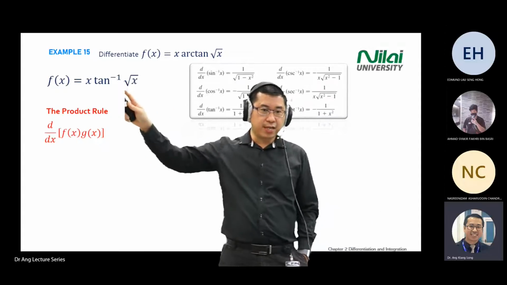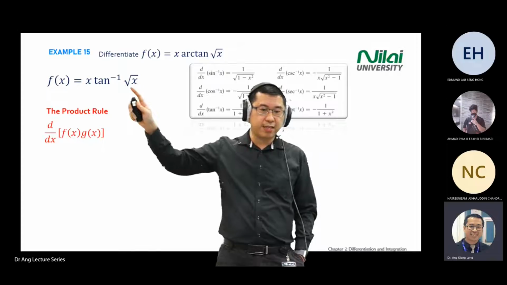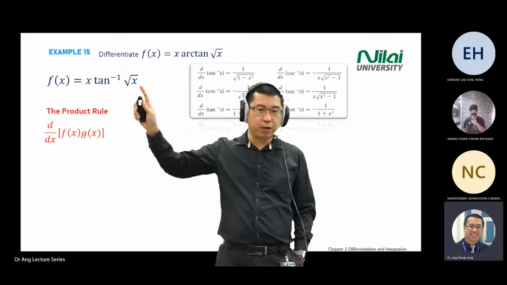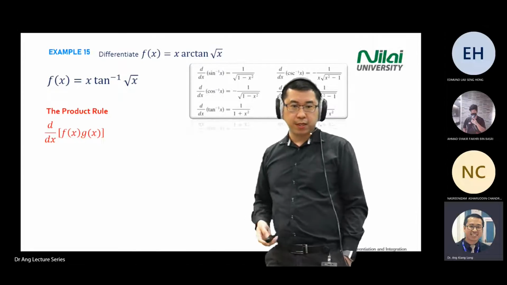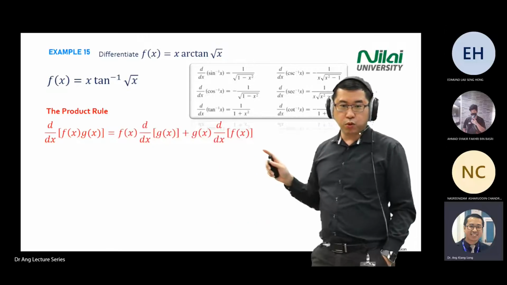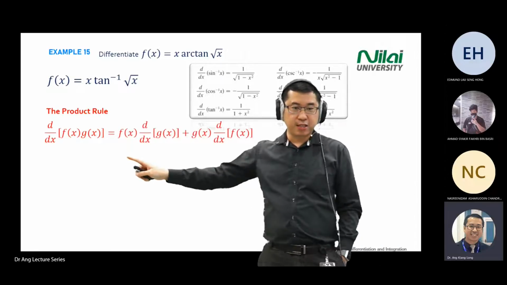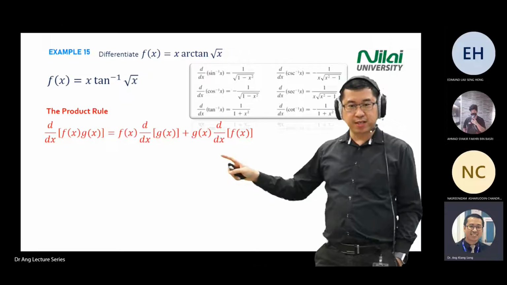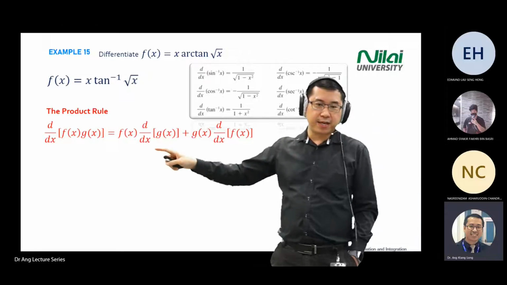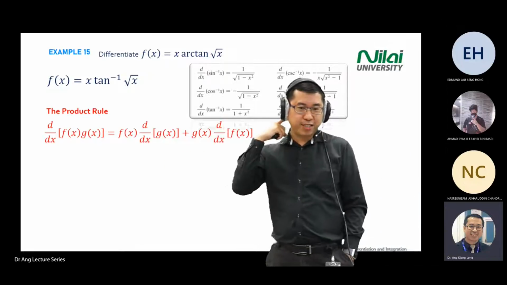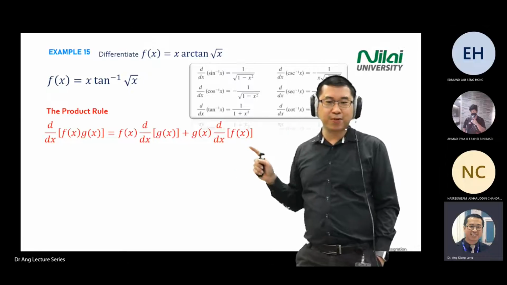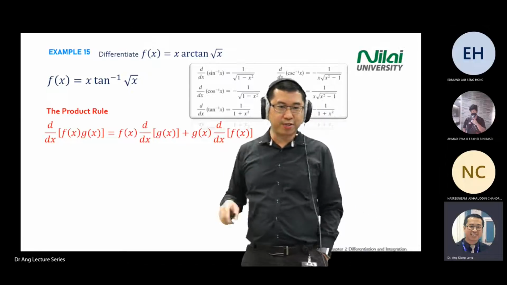So this is a multiplication of 2 equations. This one you are experts at already. In fact, I think this one may come out, I'm just giving you hints. This is important.